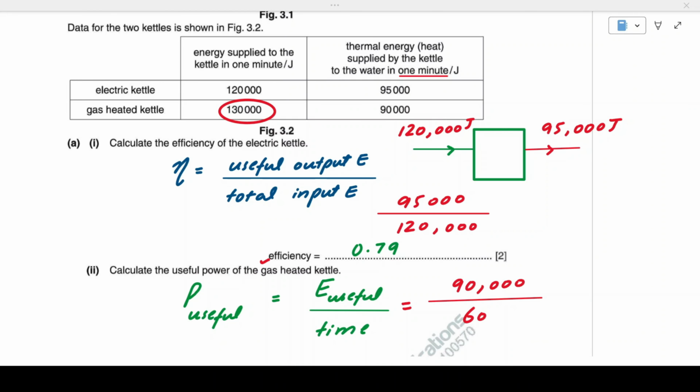Yes, the first one, the electric kettle, because it delivers more energy, irrespective of the input. We don't really care about the input. Even if you were supplying 400,000 and it's giving only 95,000 as the output, efficiency is low. But which one would boil the water first?